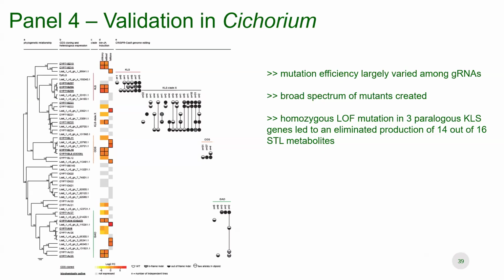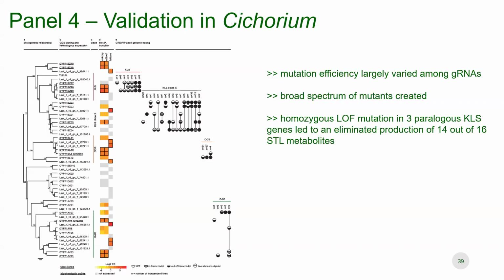So you can see the same phylogenetic tree as before, but now with indication of the broad spectrum of mutants that we could create here. For different genes, we could identify a whole patchwork of mutants, going from loss of function mutants, heterozygous mutants, homozygous mutants, and so on.